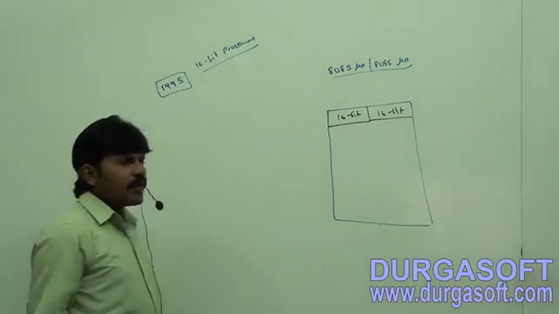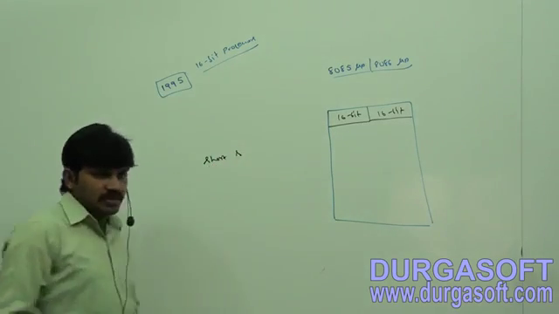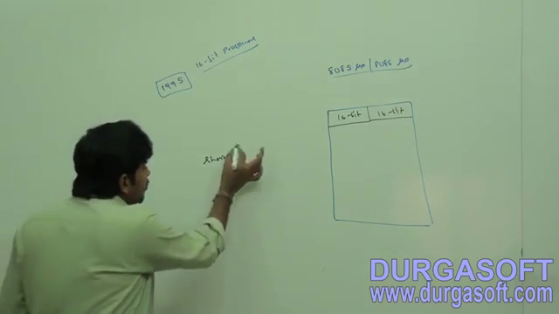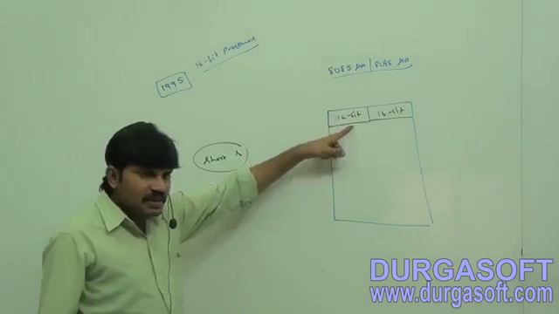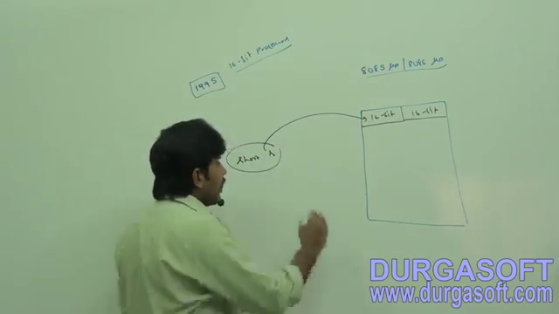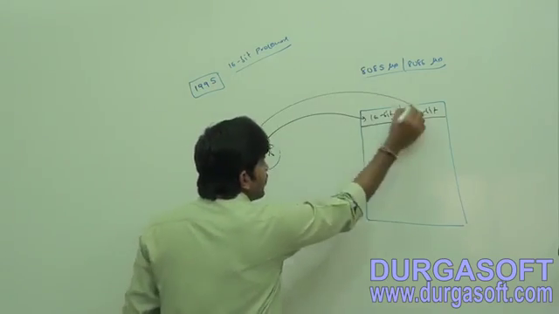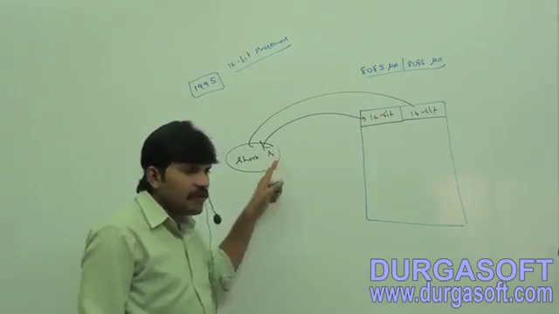Suppose I am using the short data type. Short is how many bits? 16 bits. Read operation will become very efficient. Write operation will become very efficient because the expected form and the provided form are both the same.